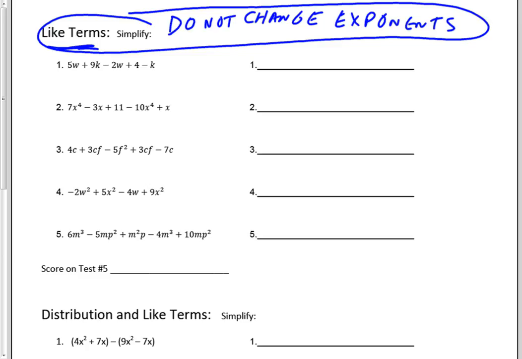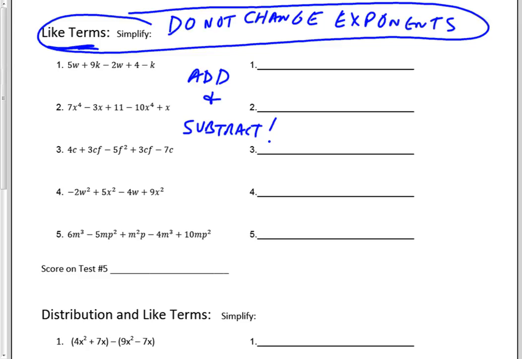What's the only thing happening in 1 through 5 up here? What operations? It's not multiplication. What is it? Add and subtract. So I'm just going to write down add and subtract. When you get to the ones below, then we might change the exponents.